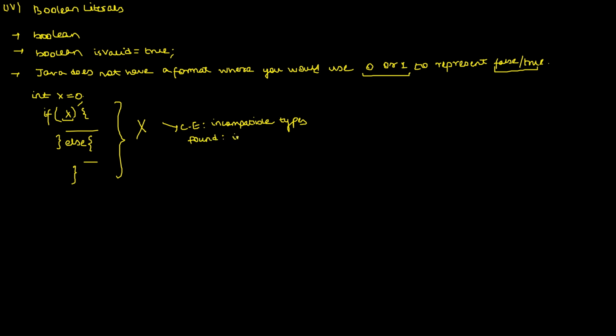What it has found is an integer type, but what it expects is a boolean type. So this is what I was talking about in the previous part of this video, that Java checks for type compatibility. And an int and a boolean, no way they would be the same together. So you just need to keep this in mind.